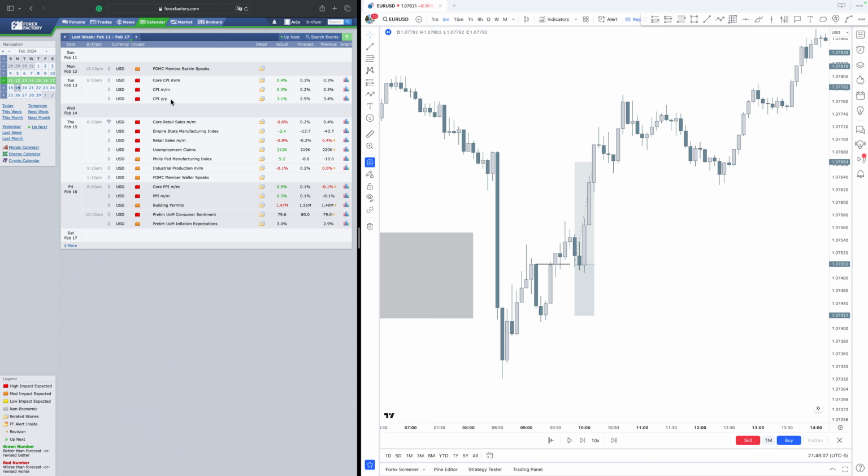Whenever you have a big 3 news event, so again, CPI, FOMC, and NFP, you want to avoid the day before right there, because even though we have US dollar orange folder news, that means nothing. The chances of consolidating are increased right there. Why is that?